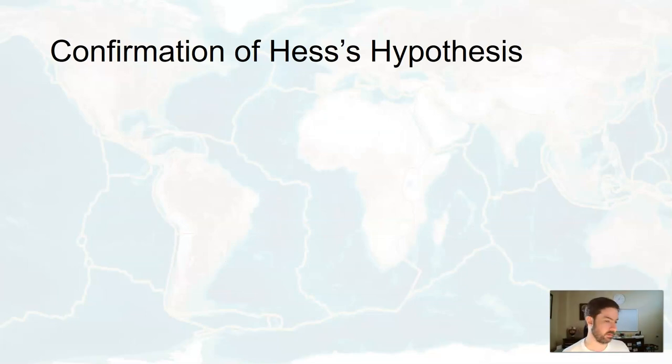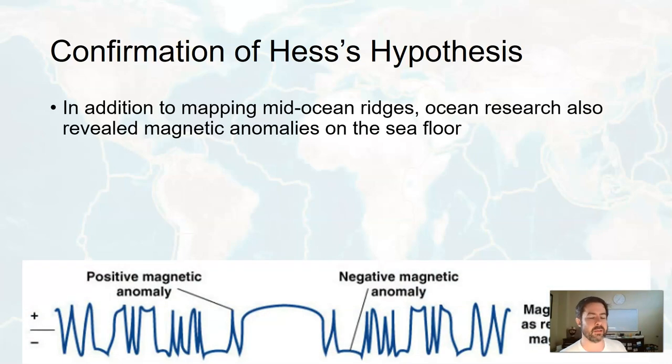So confirmation of Hess's hypotheses came in the form of, let's go back to the magnetic field stuff. In addition to mapping mid-oceanic ridges, ocean research also revealed magnetic anomalies on the seafloor. We see similarities on either side of these mid-oceanic ridges.